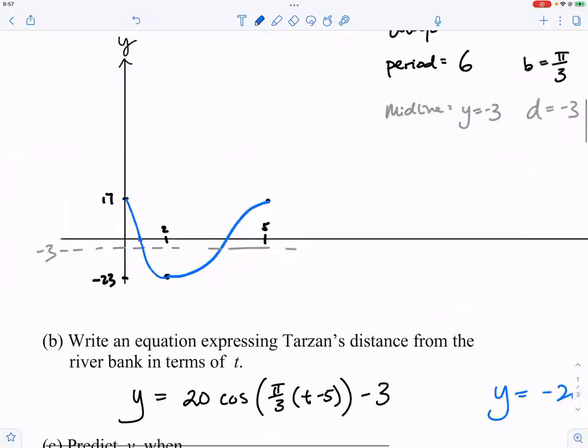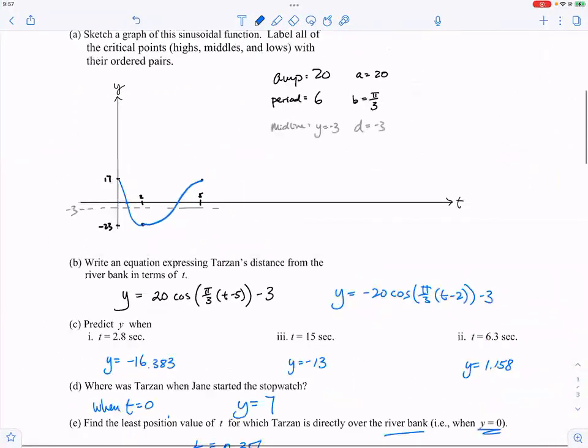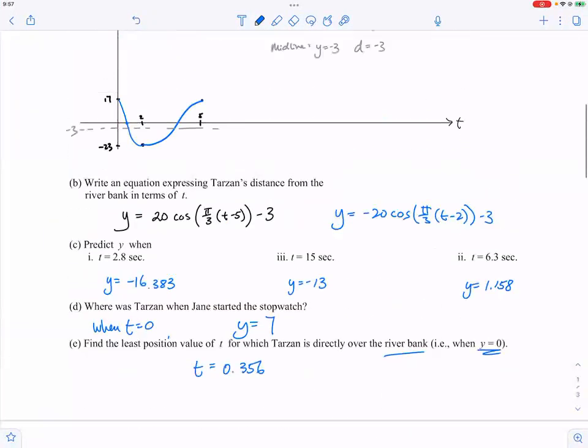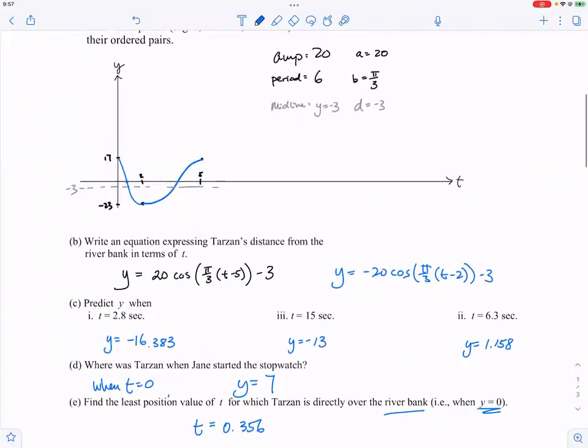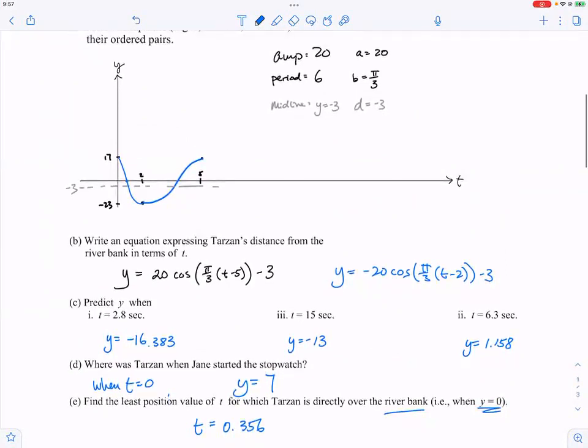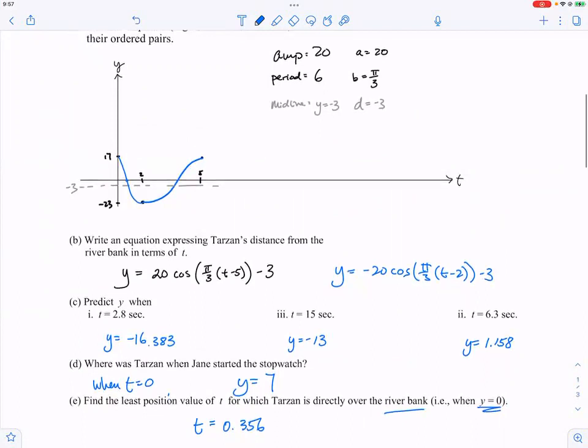So that's something you have to look into the graph and say, all right, I've got this. Always in radians. Always in radians. When you make the graph, you always do it in radians.